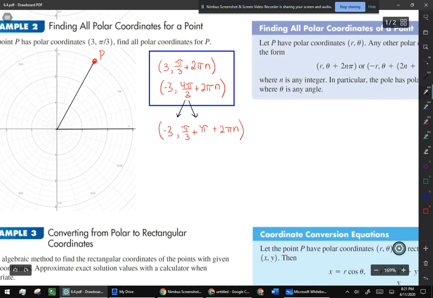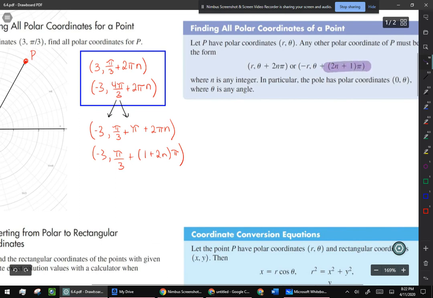Let's do that. So negative 3, pi over 3 plus 1 plus 2n pi. And more or less, if you take a look, 1 plus 2n is the same thing as 2n plus 1. And here's your pi over 3, here's your theta.